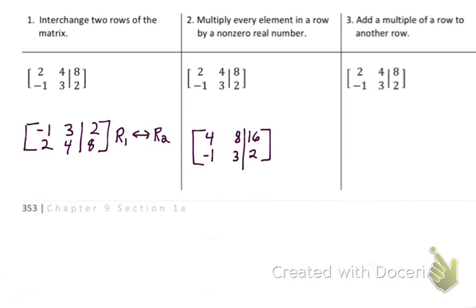Once again, I want to tell my reader, or even myself later on, what I did. So all we're going to say is I multiplied row 1 by 2, and I replaced row 1 with that 2 times R1.